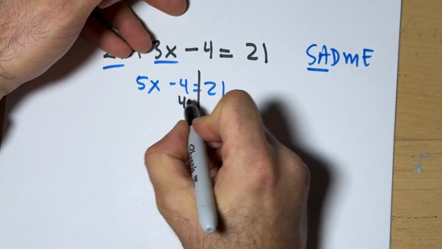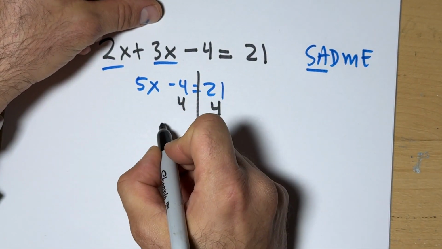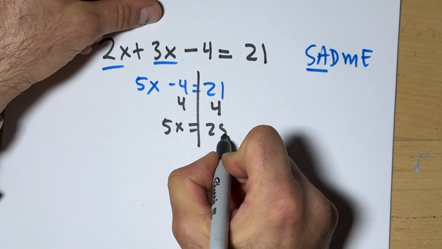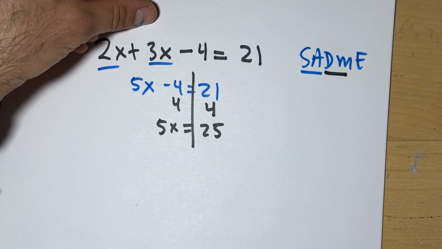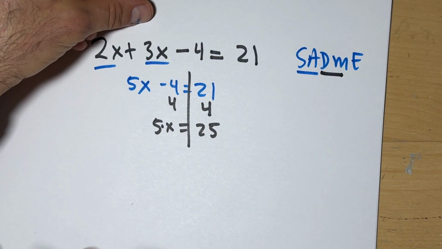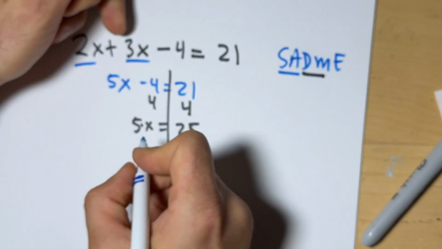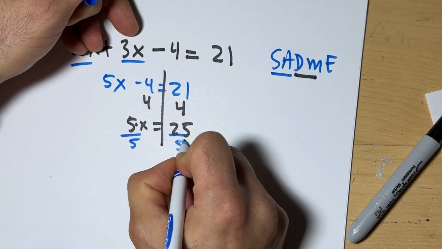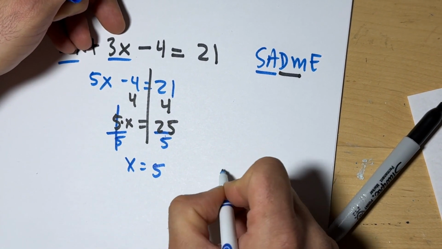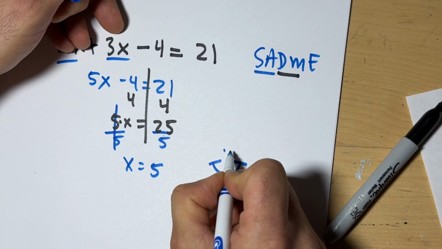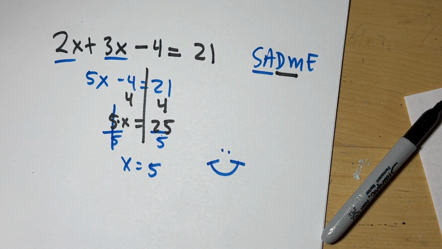So let's add 4 to both sides. 5x equals 25. SADME. Now let's check, is there any dividing or multiplying? 5 times x has an opposite. Opposite is dividing by 5. x equals 25 divided by 5, which is 5. Sad me is now happy me.